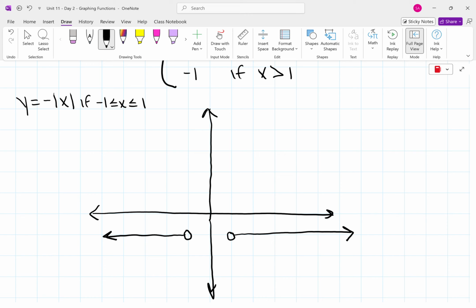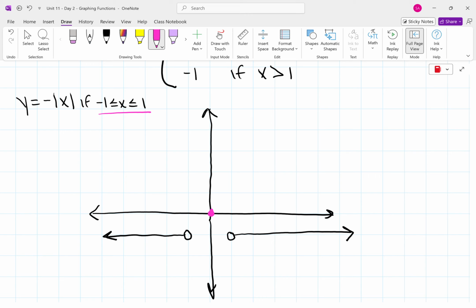This is a v. And now this is a v with a negative sign. So what does that mean? This is frowning, right? It's opening down. So now we know we have a v. We know we're frowning. Has the v, the parent graph, shifted left or right, up or down at all? No. So I know my turning point is 0, 0. And I know I'm opening down.